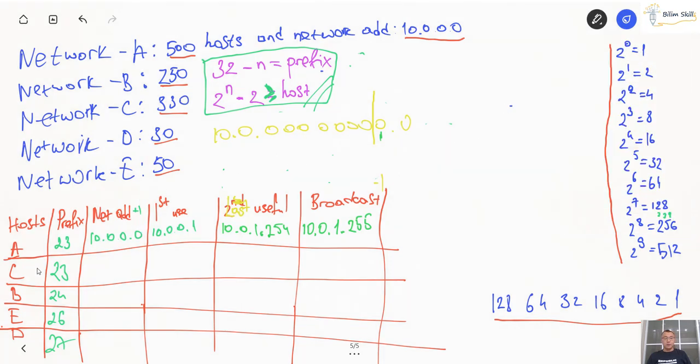How to find the network address for the next network? It is C. To do that, you make +1 to this broadcast address. So the network address will be 10.0.2.0.